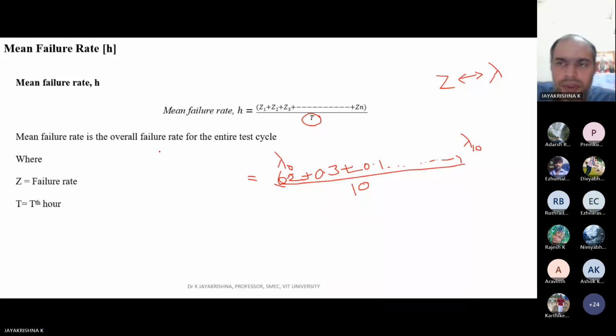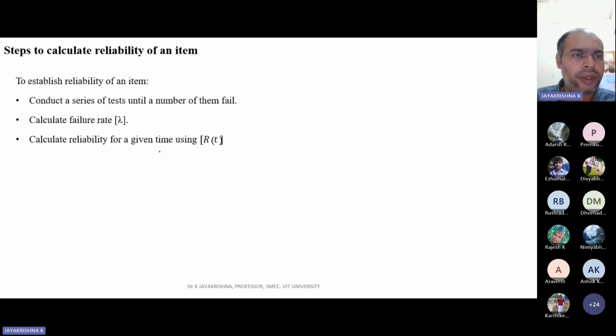Okay. So now after this, we'll see how to calculate the reliability of an item. Generally, we are going to conduct a series of tests. That is, we are going to conduct a lot of reliability tests, and we are going to note the number of failures. Then we'll be calculating lambda.